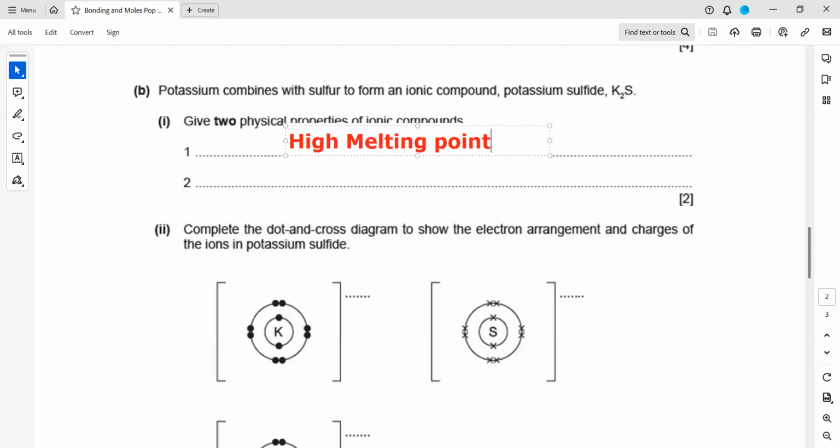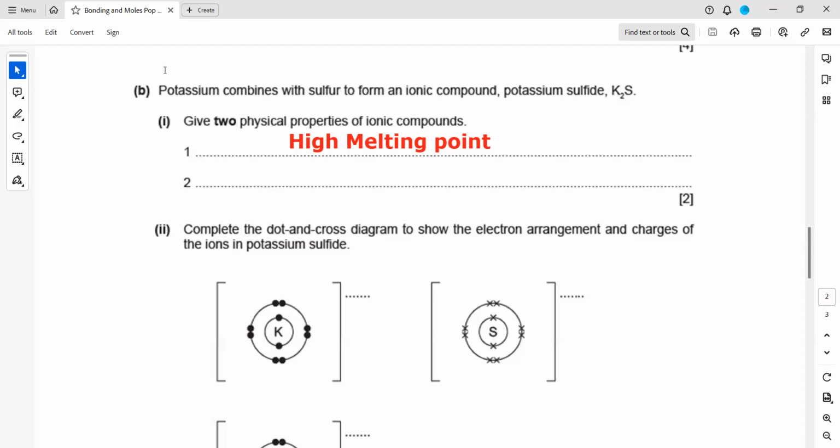If you mention high melting point and then high boiling point, that is considered as 1 point, because if a substance has a high melting point, it will have a high boiling point. So you will score only 1 mark.